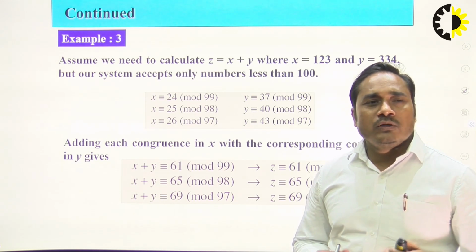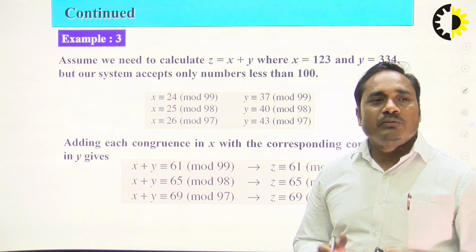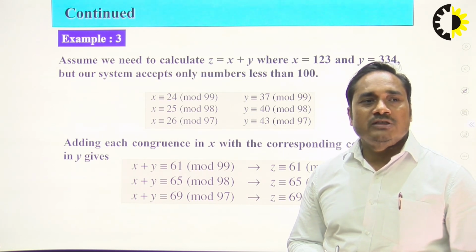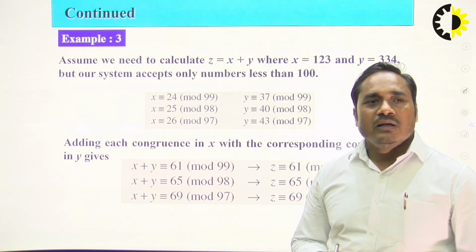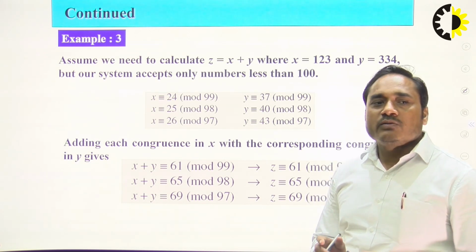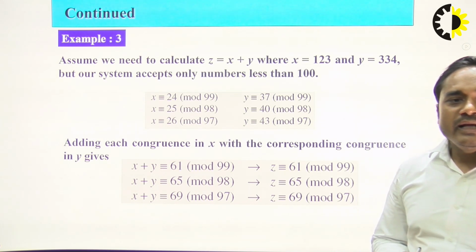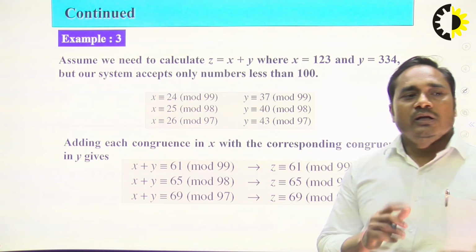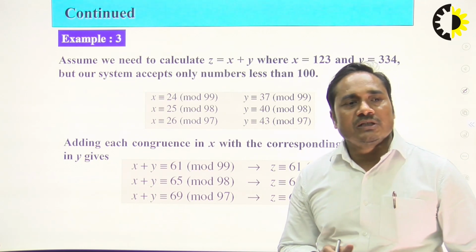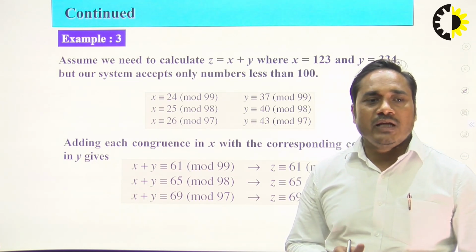There are two different equations, so you can sum them up using Z equals X plus Y. By adding the two equations, you get Z equals 61 mod 99, similarly 65 mod 98 and 69 mod 97.